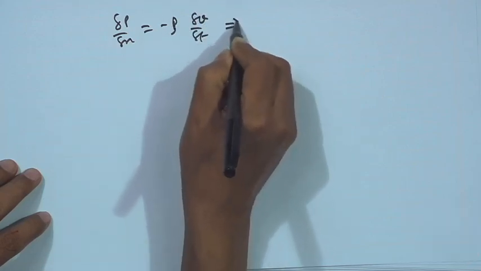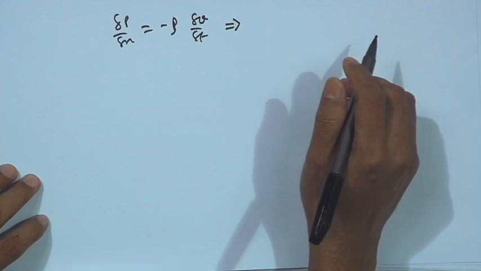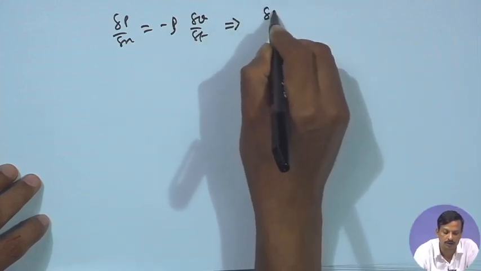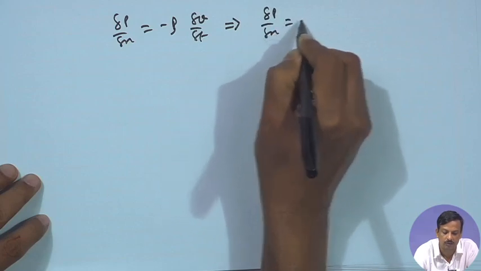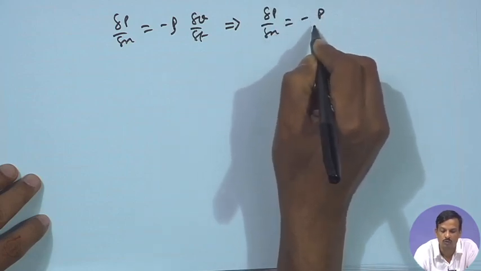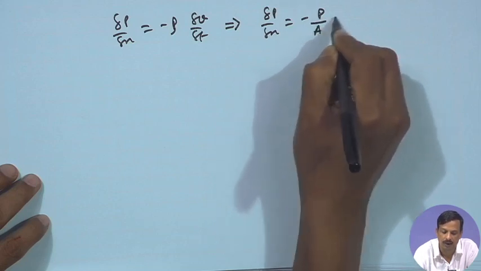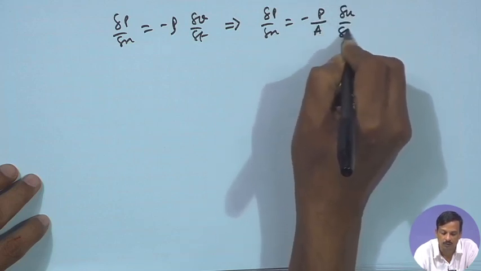With v equal to u by a, del p by del x is equal to minus rho by a del u by del t.